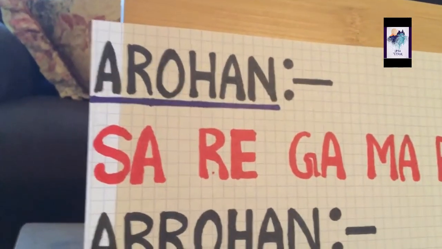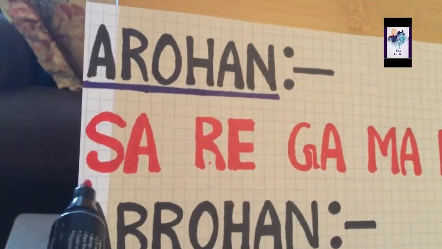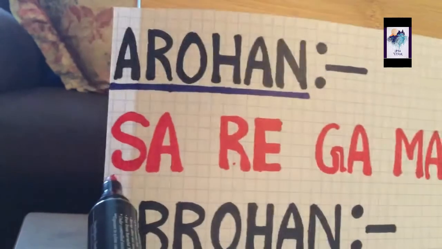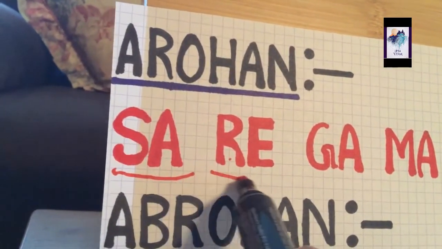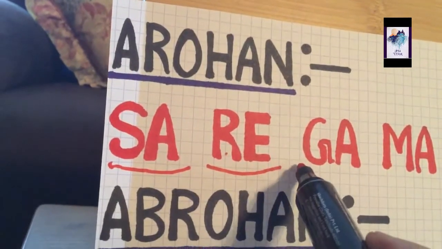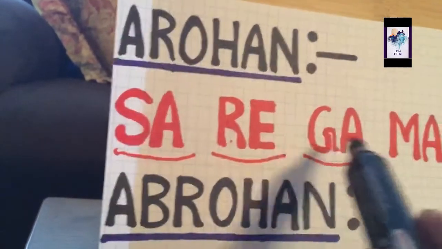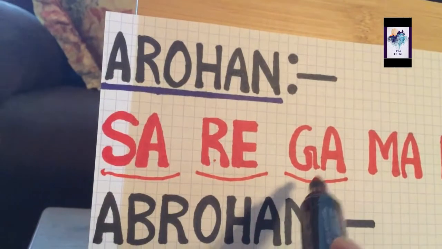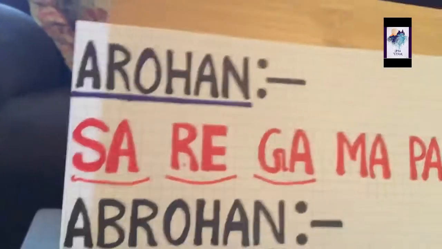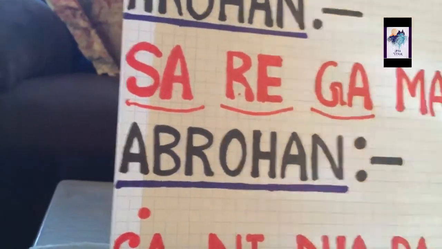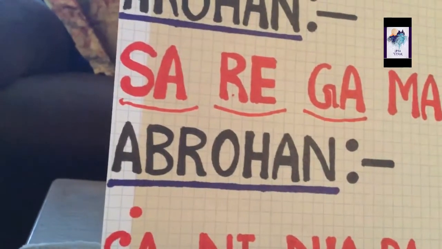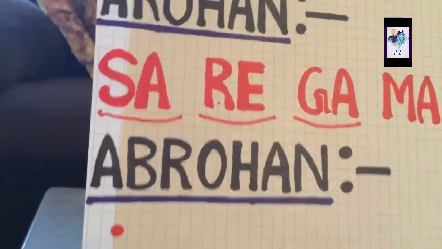These are all Madhya Saptak notes, so there is no sign. Now let me explain this thing. This sa, re, ga. What is the meaning of this sign? This denotes the group of swar combinations that are sung in one beat.